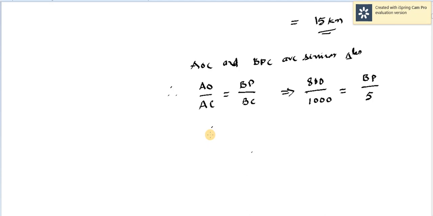Therefore, BP is equal to 5 cross multiplying, 5 into 800 divided by 1000. So that is equal to 4. Obviously this is in kilometers. So that is the answer here.